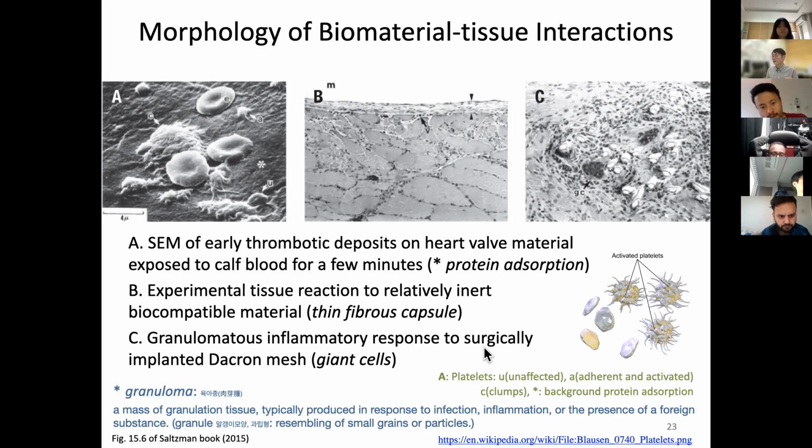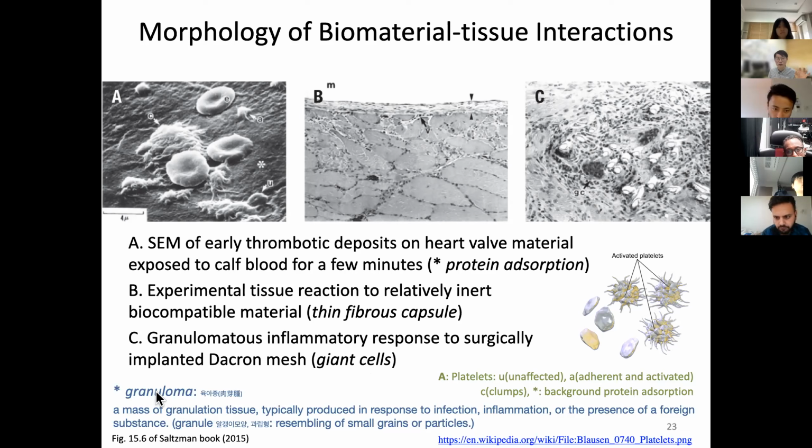And after a suture is surgically implanted, many times it's okay, but sometimes, or transiently, an inflammation problem can happen, which we call a granulomatous inflammatory response. The reason is this GC, or giant cell. Here I just want to tell you about granuloma.